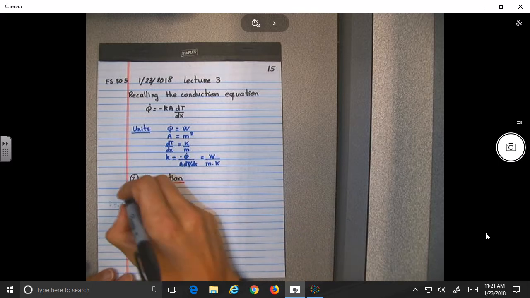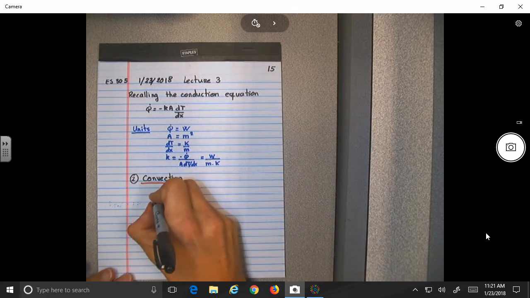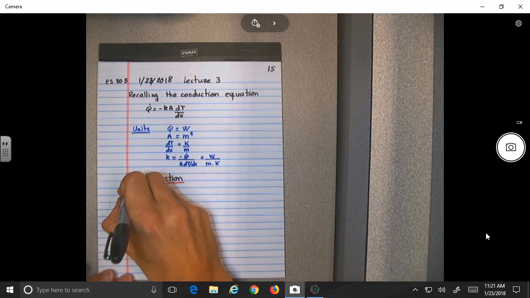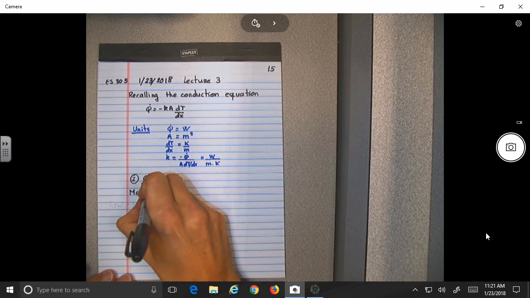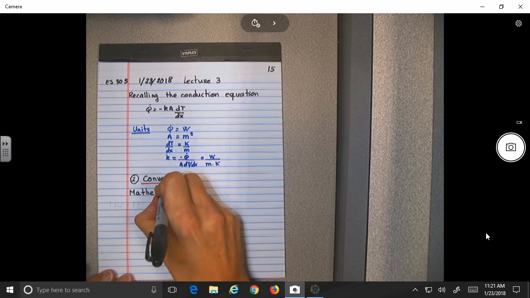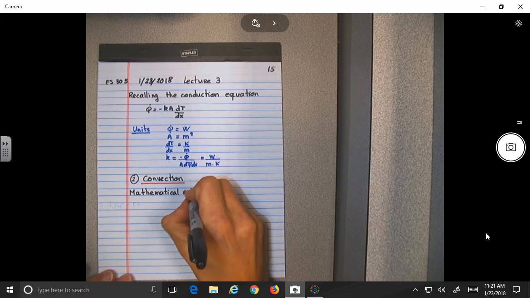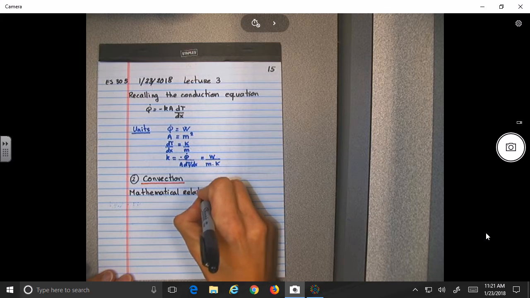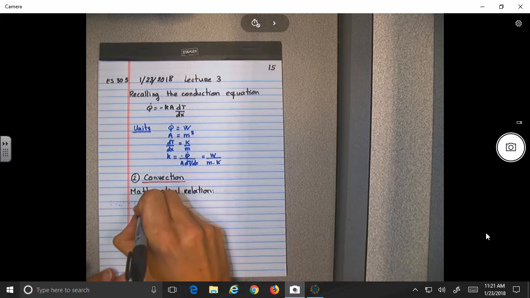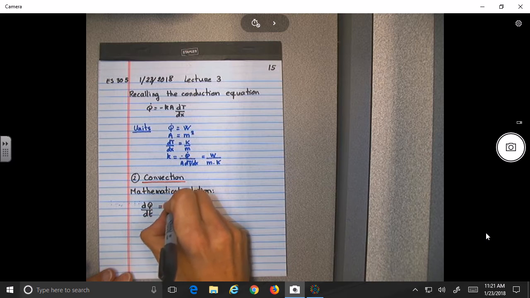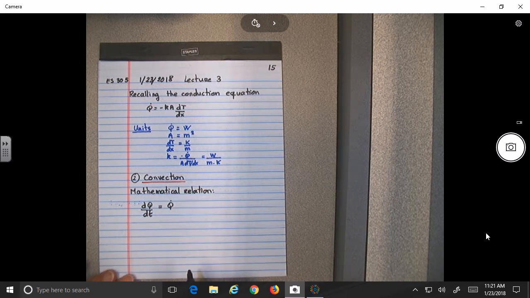So let me just give you the relation. So the relation is again, the mathematical relation. So again, it is heat transfer rate. It's not energy.